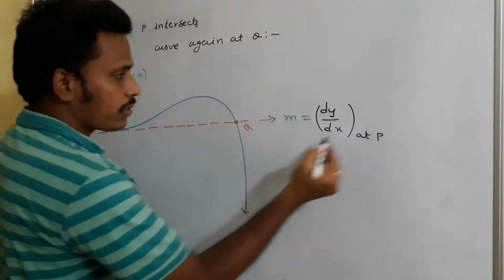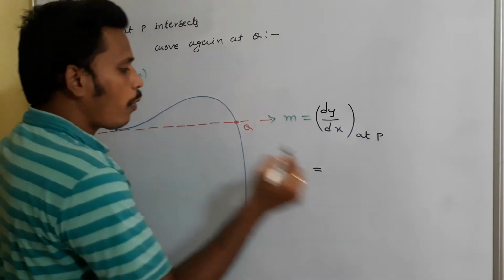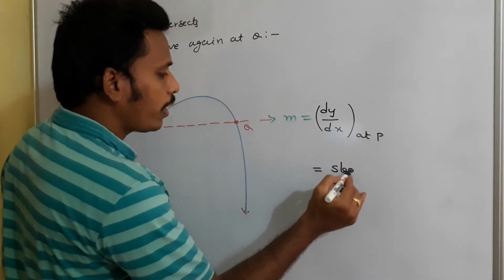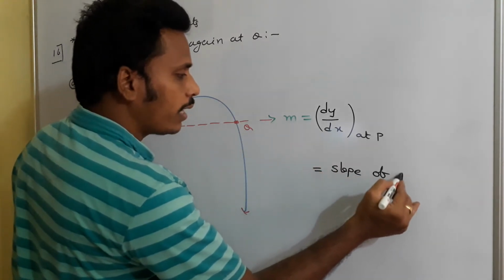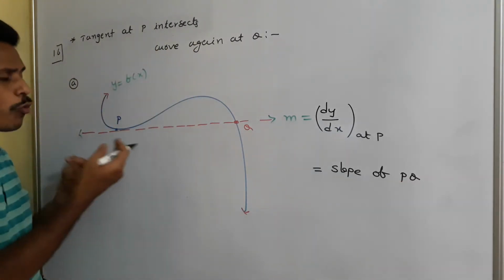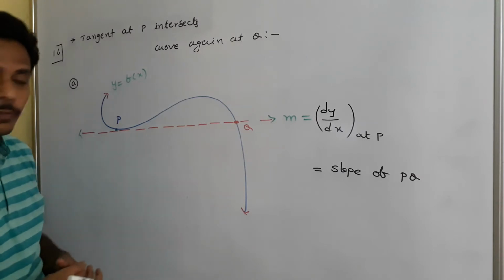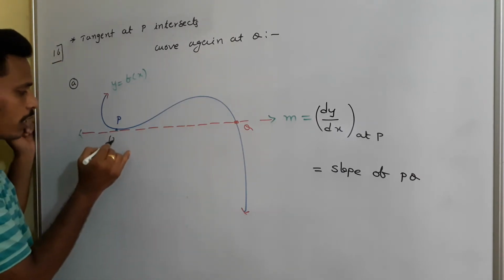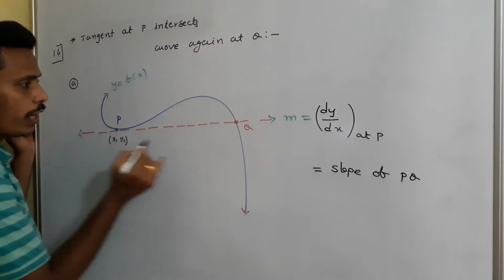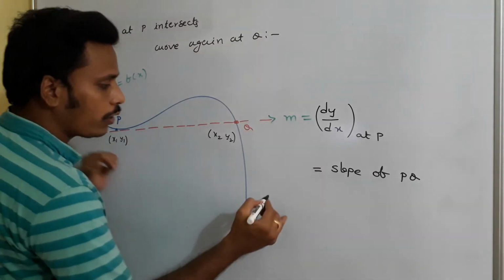And the next thing is this slope is again equal to the slope of PQ, right? If you have any 2 points on a line, then the slope of that line is the slope between those 2 points, and we have that particular formula. Suppose you consider this point as x1 y1, and the other point Q as x2 y2.